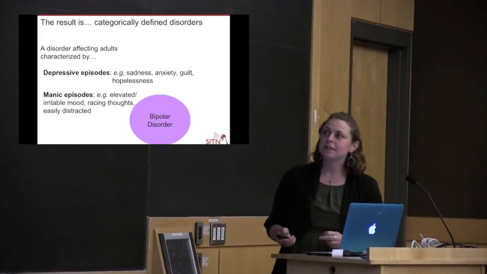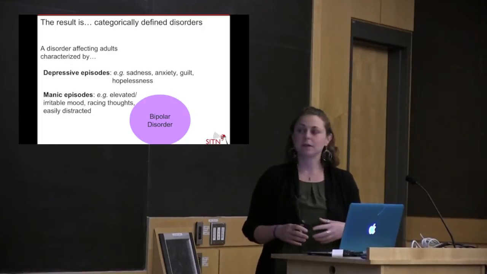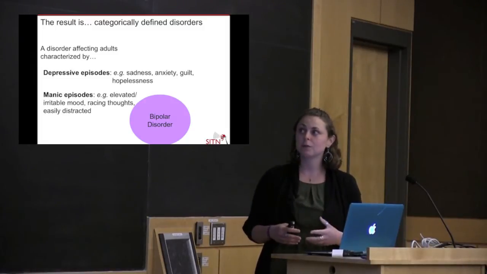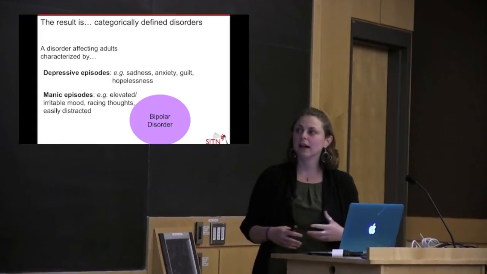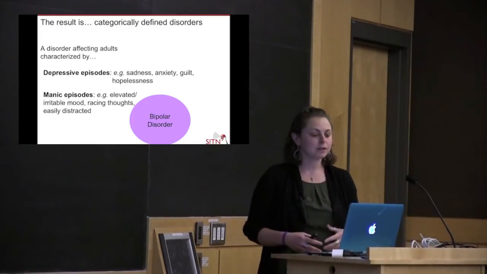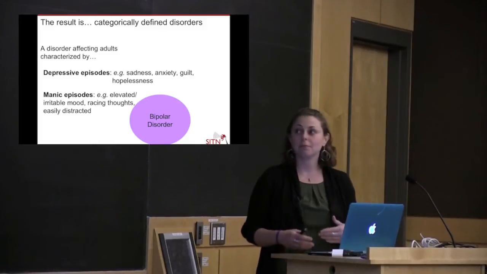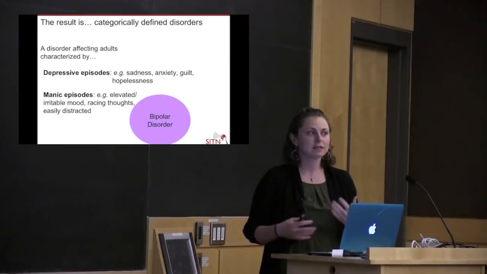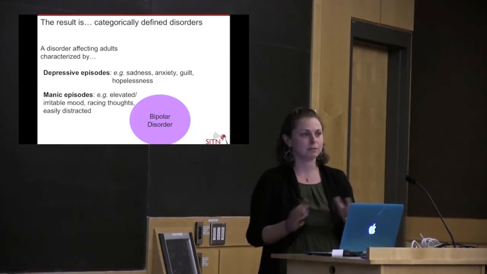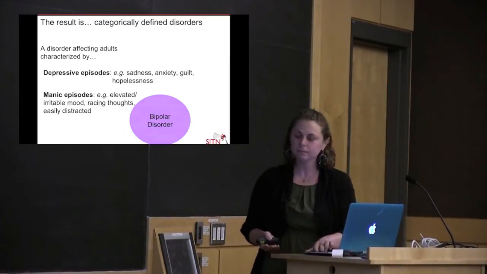And these individuals experience 2 kinds of episodes. They experience depressive episodes where they may feel sad or anxious or guilty, and at other times they'll have manic episodes during which they may go for prolonged periods of time without sleep. There may be elevated or irritable mood, racing thoughts, things of this nature. So they sort of oscillate between these 2 kinds of episodes.